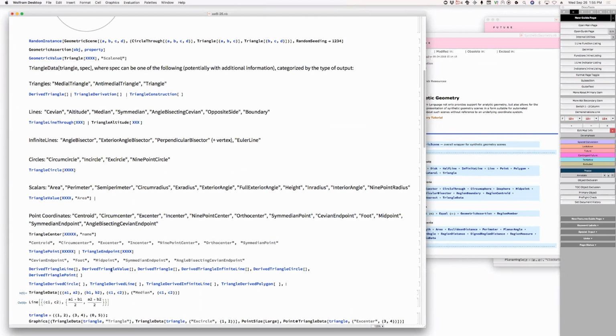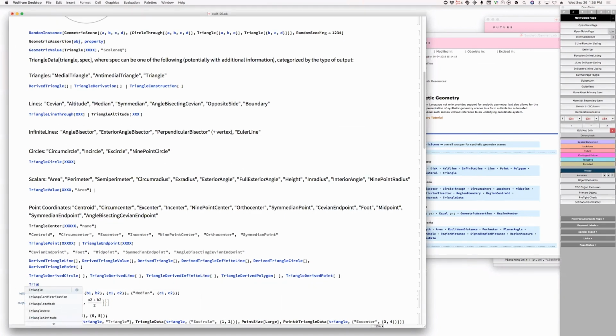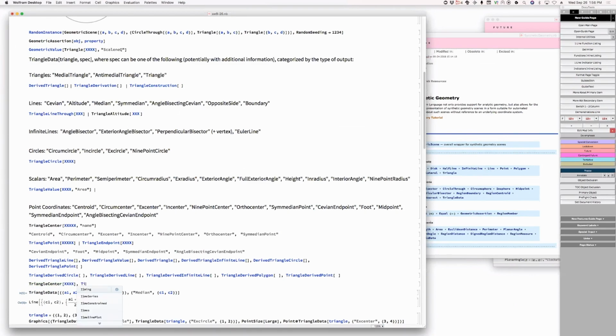We have triangle. What about this thing? Well, triangle derived point is fine, although I would love to have triangle center if that's what they all are. A while ago, we did have triangle center, but then they got merged into all this other stuff. I don't know how useful triangle center is. How commonly does it occur? Of all these things, I think triangle center would probably be the most common.